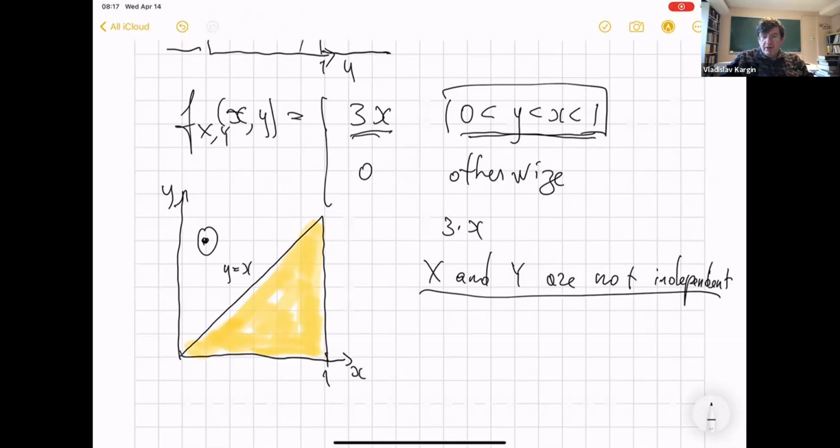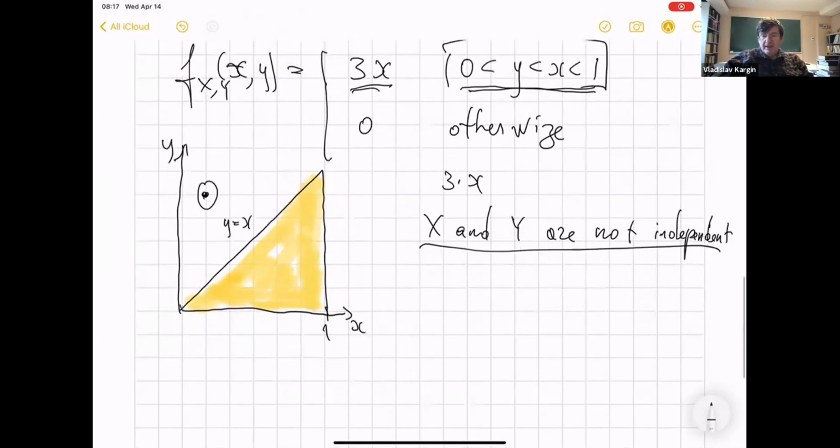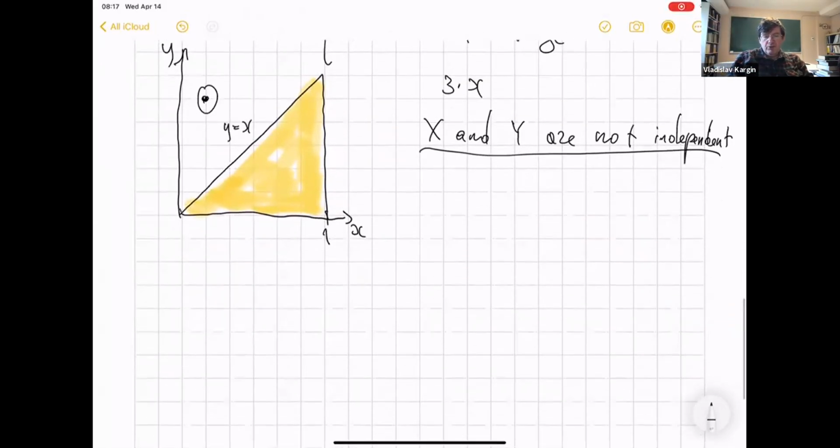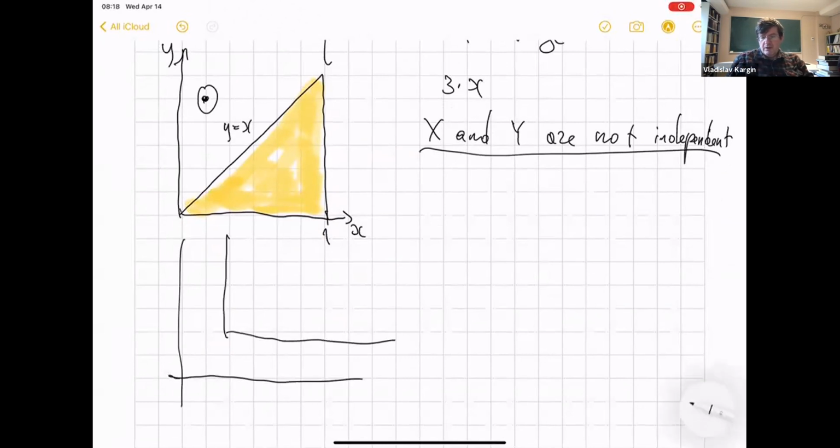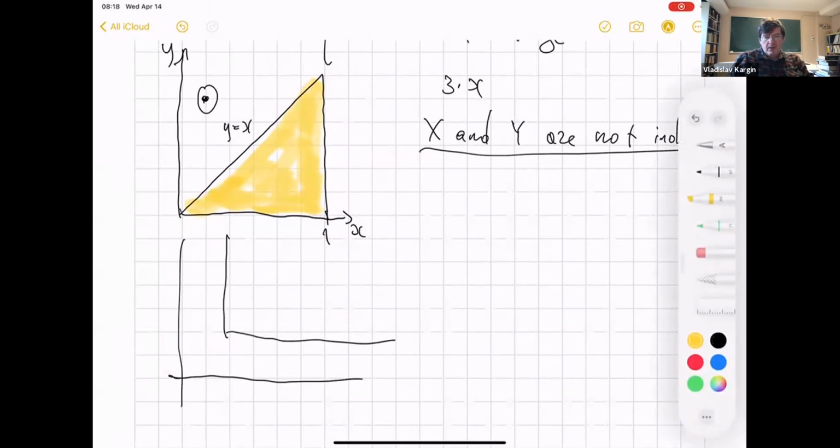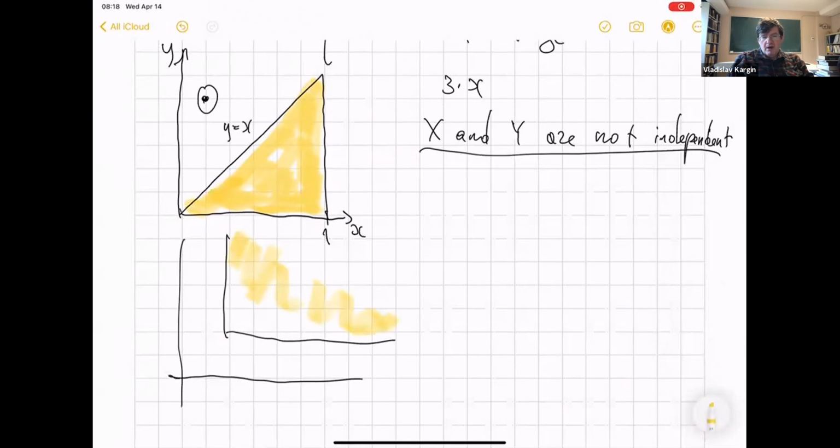Right? So maybe it's like a quadrant. So it could also be something like this. This kind of region would be okay.